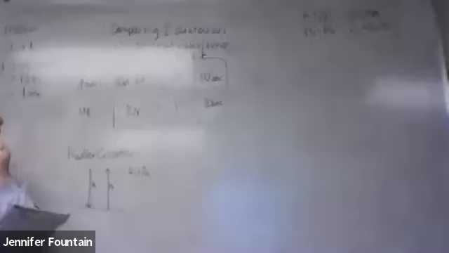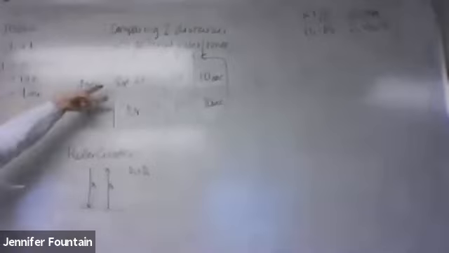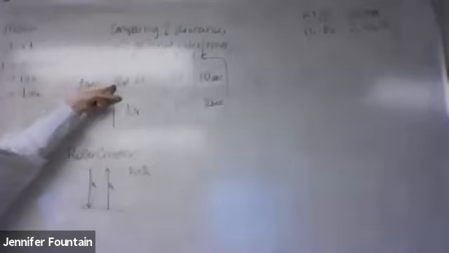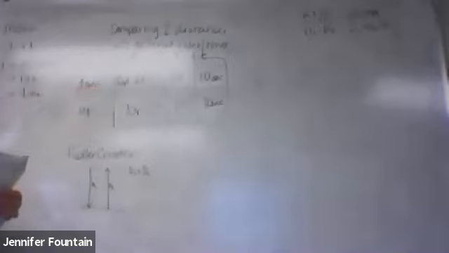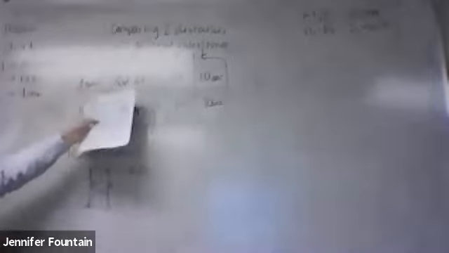But wait, our distances are not the same, are they? So what's the problem here? We're trying to make these equal to each other and they are not. Because notice it says the distance down is 100 feet more than the distance up. So it's not the same, because one has a bigger distance than the other.